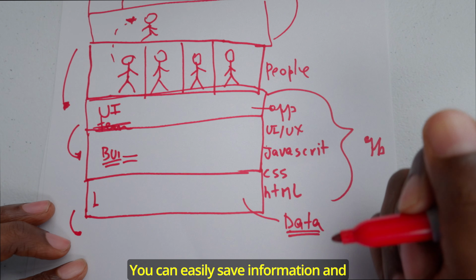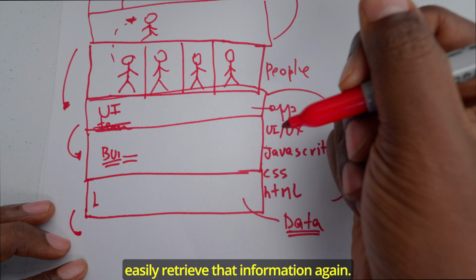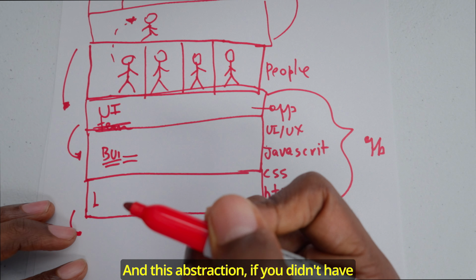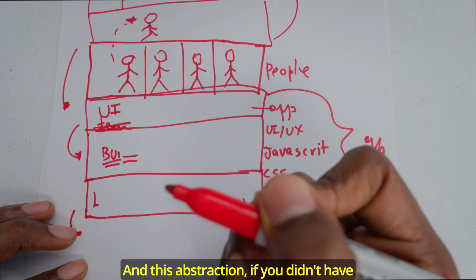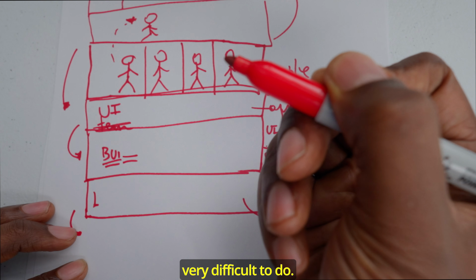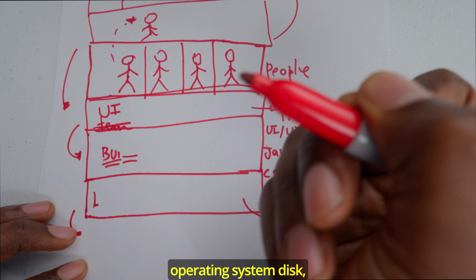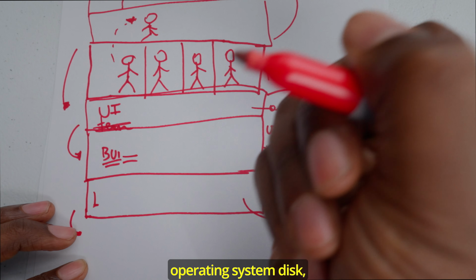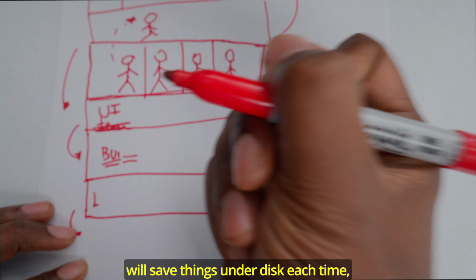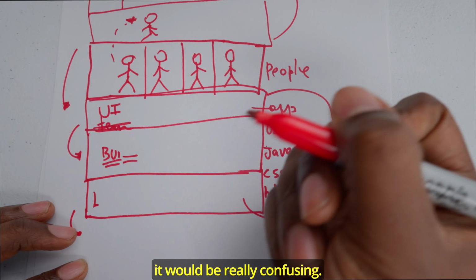You can easily save information and easily retrieve that information again. If you didn't have an abstraction on top of it, it would be very difficult to do, right? Even though you have access to the operating system disk, if you had to write the program that will save things on the disk each time, it would be really confusing.